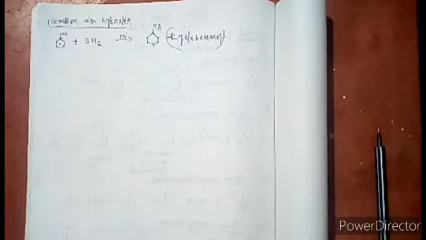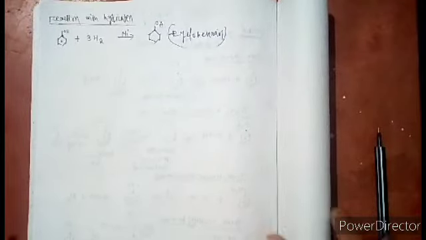So we know that when phenol reacts with zinc dust it results in benzene plus zinc oxide, but when phenol reacts with hydrogen in the presence of nickel it results in cyclohexanol.